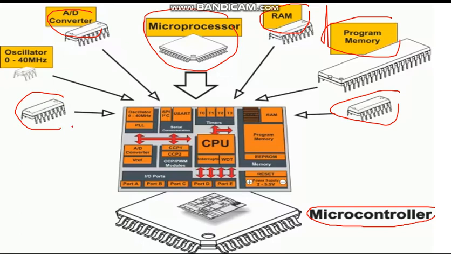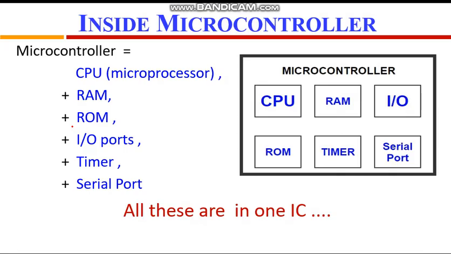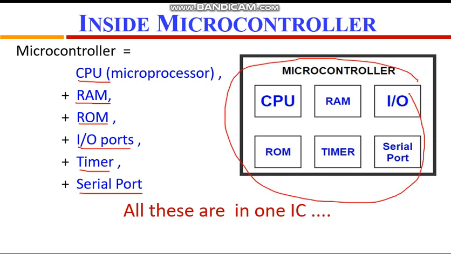Everything is on a single IC and is called a microcontroller. So we can say inside the microcontroller we have a CPU plus RAM plus ROM plus IO ports plus timers and serial port. Everything is on a single IC. So here you can see this IC has these peripherals.